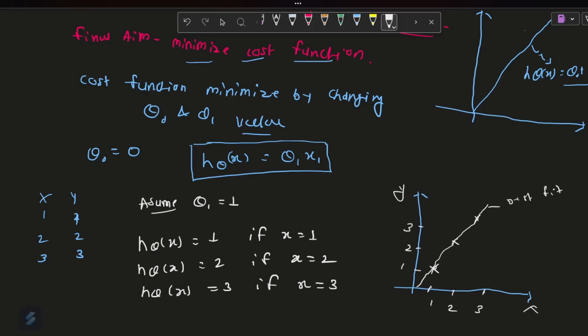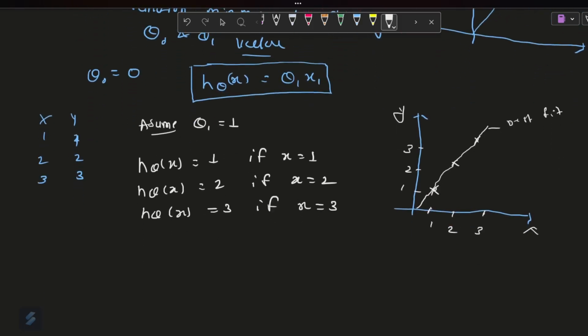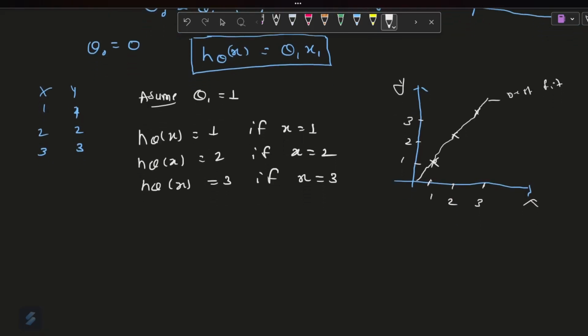When you calculate, theta 1 is 1, multiplied by 1 gives 1, and similarly 1 into 2 gives 2. So we create that line. And what is the cost function for that particular case? Let's calculate the cost function.